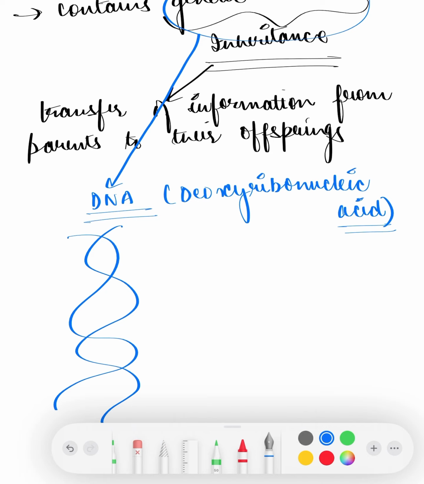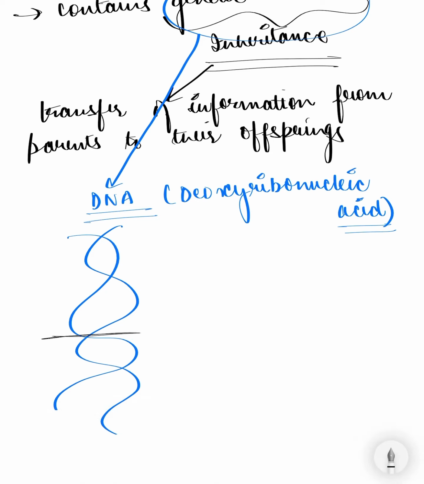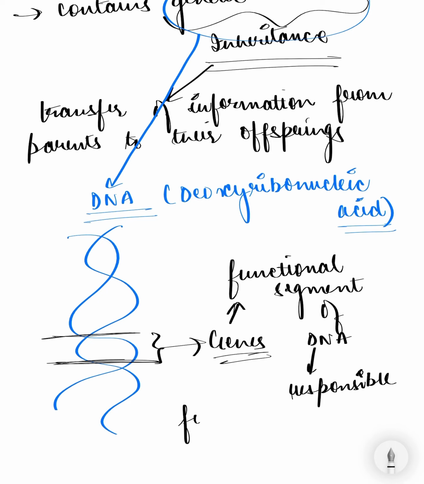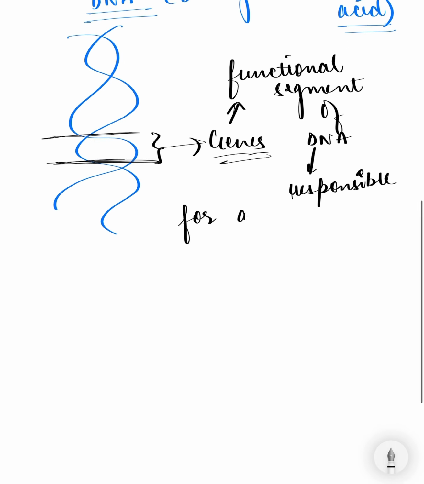There are specialized regions of the DNA which are functional in nature. That means they are responsible for a certain trait or character in an organism. These are called genes. Genes are the functional segments of DNA responsible for a particular character.